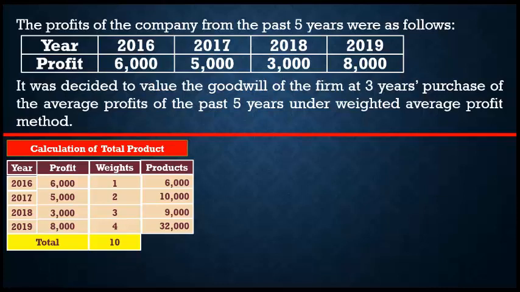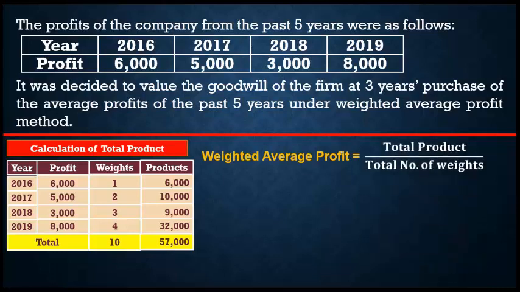First year product 6,000 plus 10,000 plus 9,000 plus 32,000. The total product is 57,000.